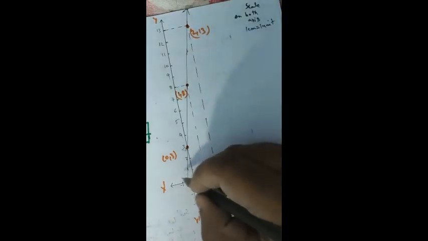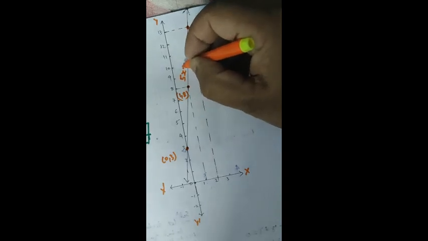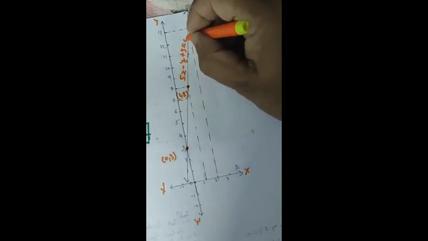So we will write the equation also on this. What will be the equation? 5x minus y plus 3 equals 0. So I have written the scale, I have written the equation, I have written the coordinates x dash, y dash.